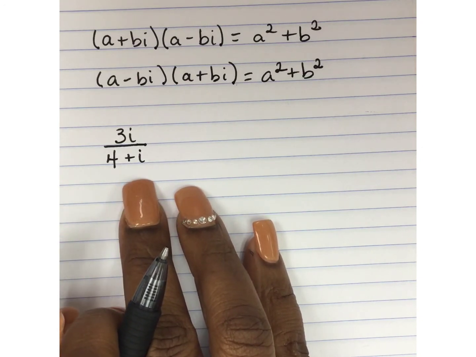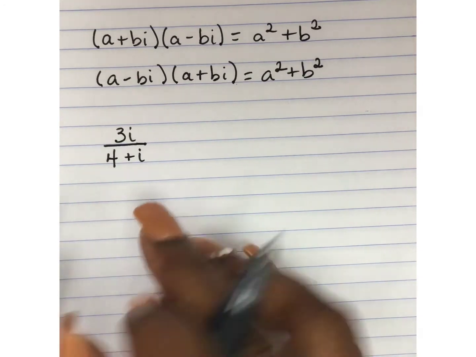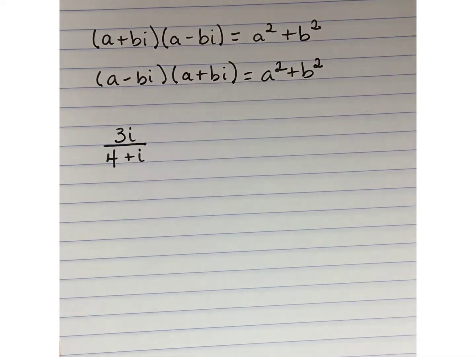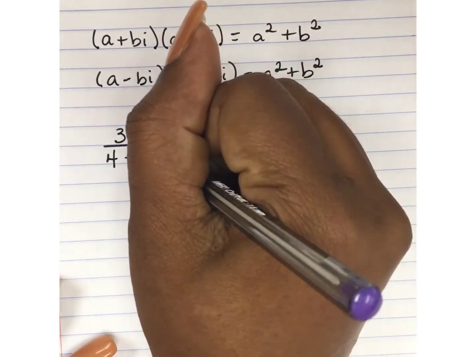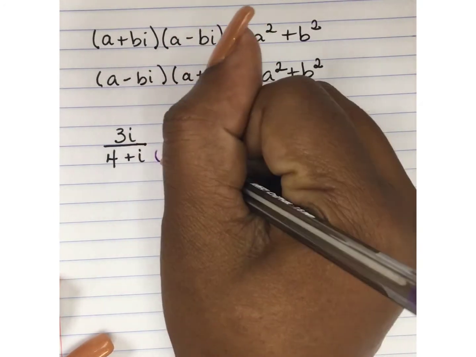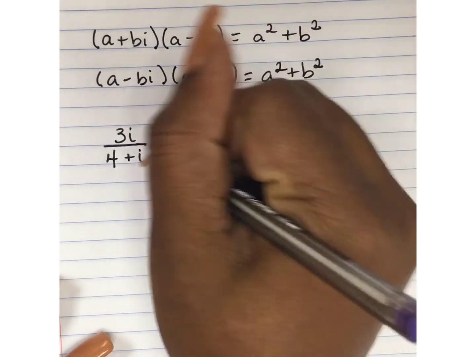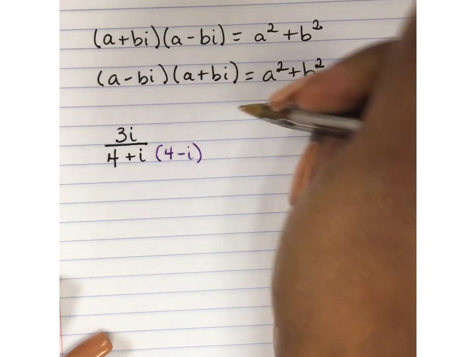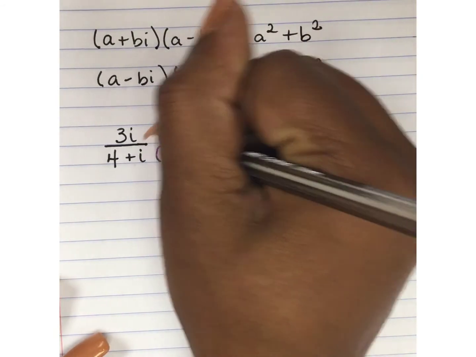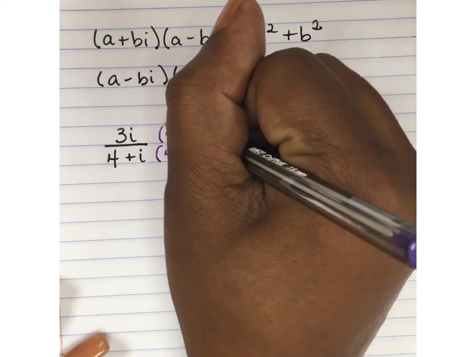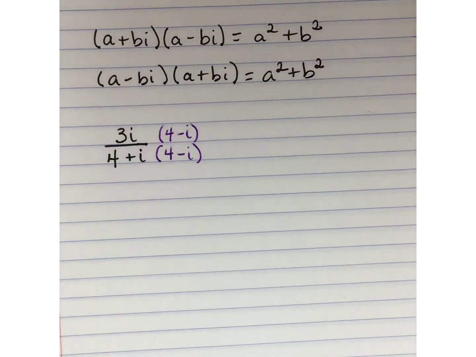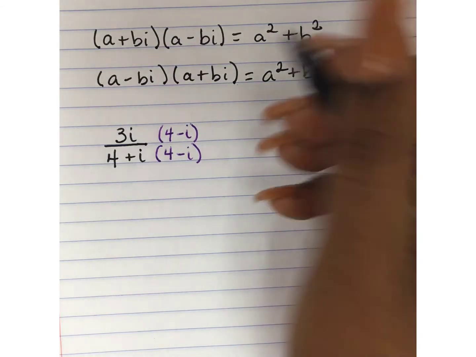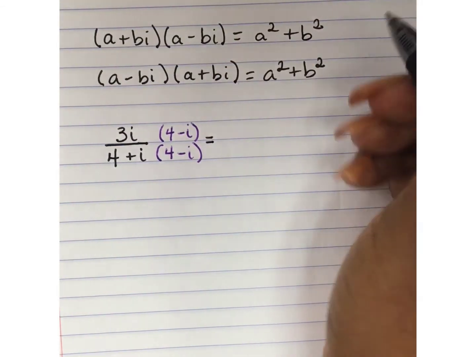Well, the conjugate just means change the sign in the middle. So the conjugate would be 4 minus i. And math is fair, so whatever you do to the denominator, you have to do to the numerator as well. Okay? So we're going to multiply 4 minus i times the numerator and the denominator.